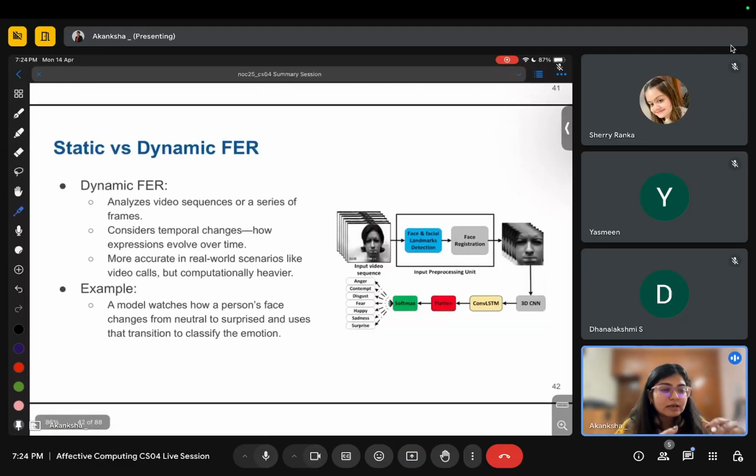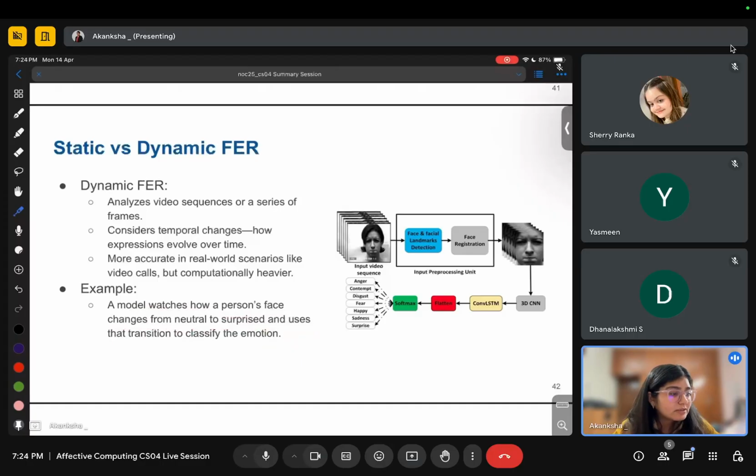And then another approach is dynamic FER, facial expression recognition. In dynamic, what happens is we analyze the video sequences or frames, okay. So it considers the temporal changes as well, how expressions evolve over time. Let's say a model watches how a person's face changes from neutral to surprised and uses that transition to classify the emotion.